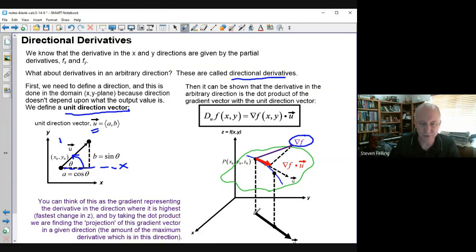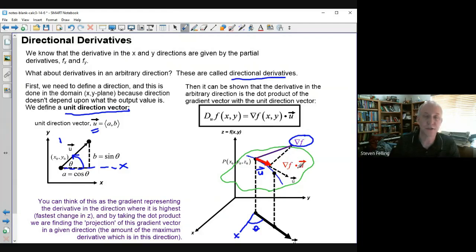So if I have in the xy plane an angle theta that defines a particular direction counterclockwise from x, then I can make a unit vector in that direction called the unit direction vector. That's u. Then some fraction of this fastest rate of change of z is going to be in that direction, and that's just the projection of the gradient vector onto that direction.